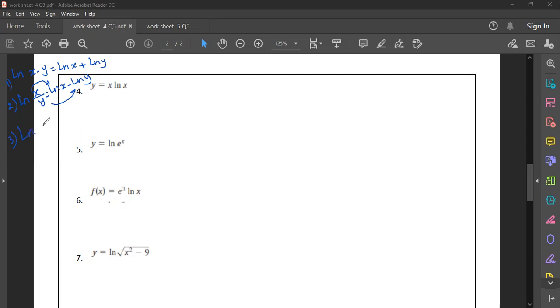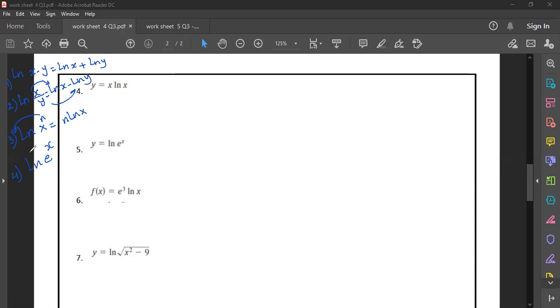Ln of x to the power n will be n ln x. Any power function, it means the exponent is multiplied. I need all of these properties. The fourth one: ln of e to the power x.